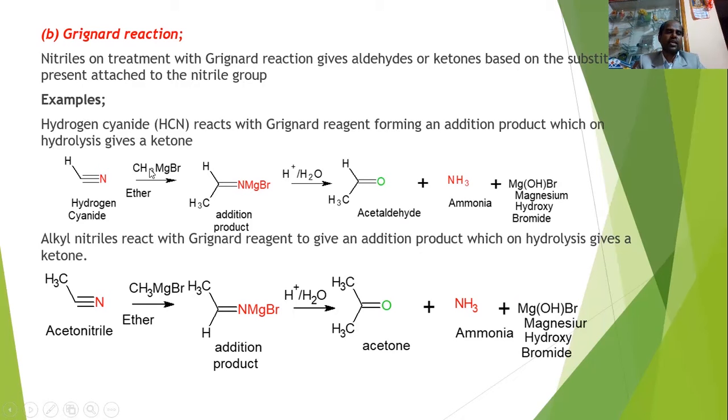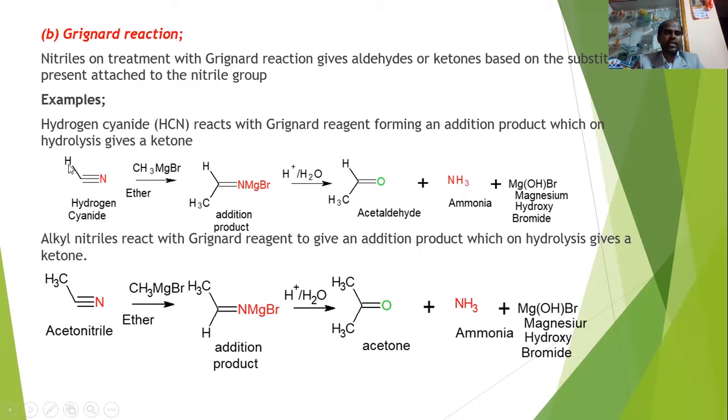This CH3 minus will attack this carbon, forming an addition product. This addition product undergoes hydrolysis, giving rise to acetaldehyde, plus ammonia. Ammonia is a gas, it will go out. This is a byproduct. So overall, this is the main product, and the name of this product is acetaldehyde. Acetaldehyde belongs to the aldehyde category. So when you are taking hydrogen cyanide, we'll end up with acetaldehyde.